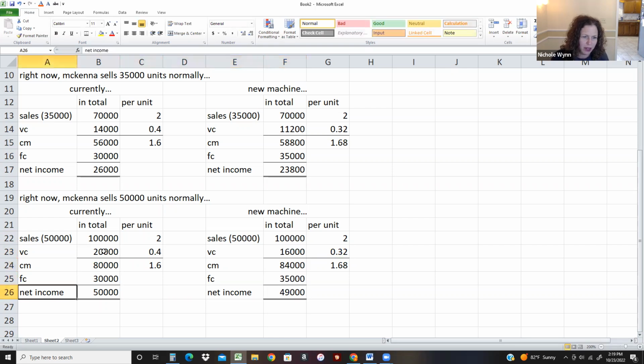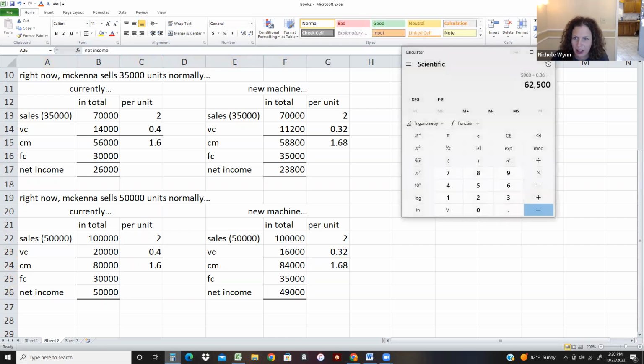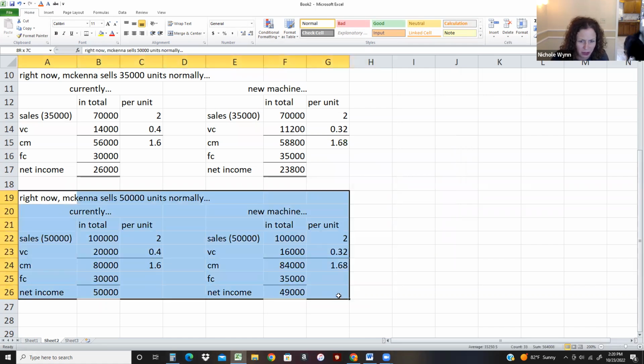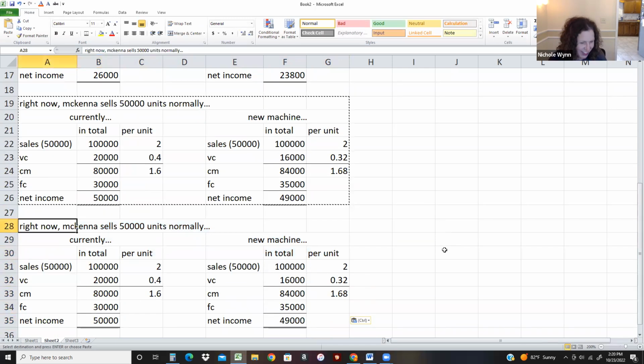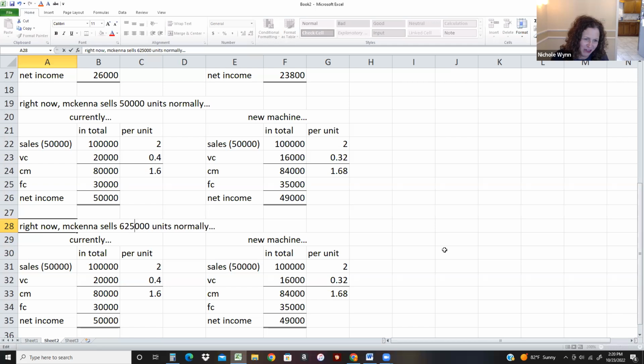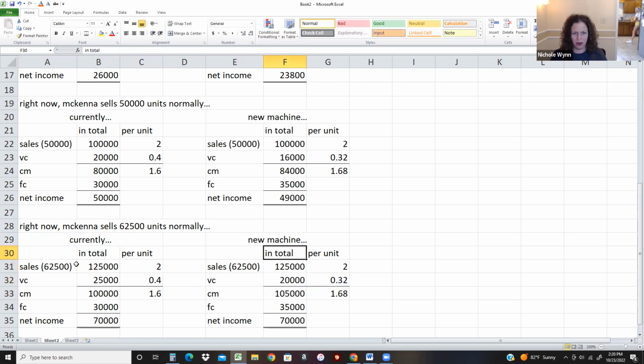See, it's still not working. And that's because I've decided that I actually have to sell an extra 62.5 to make it work. If we do 62.5, is it going to work? Rosie wants me to stop too. 62.5, that was the good number.